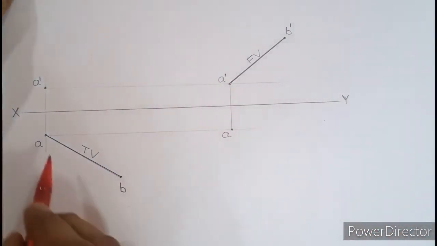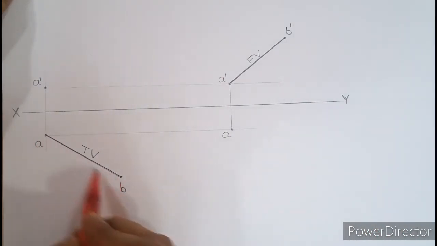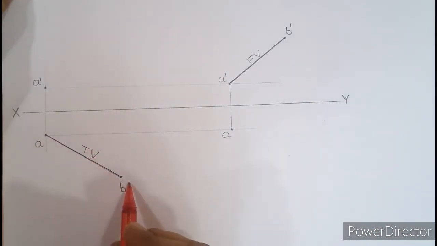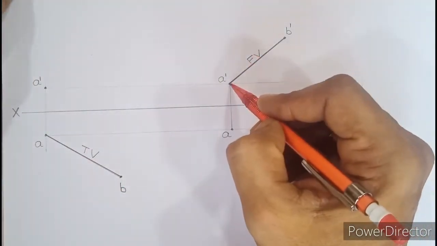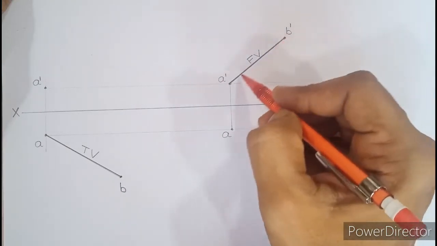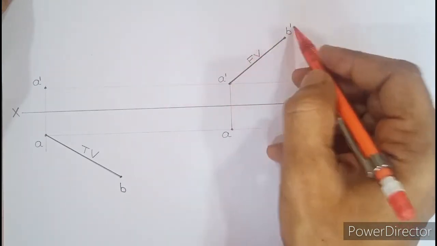Once you've done this, from point A, draw a dark line of any length, any angle and write TV above and name this point as B. Similarly from A dash, draw a dark line A dash, B dash and write FV above, also write B dash.